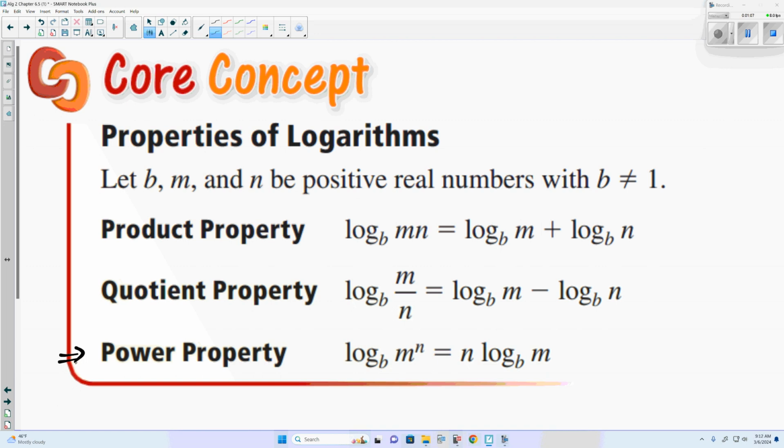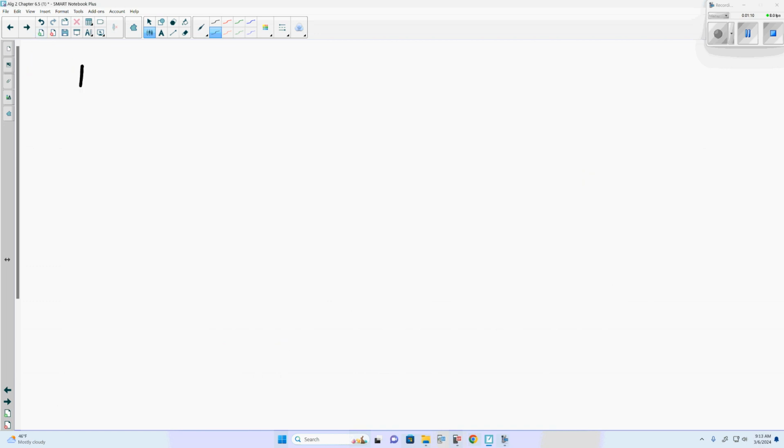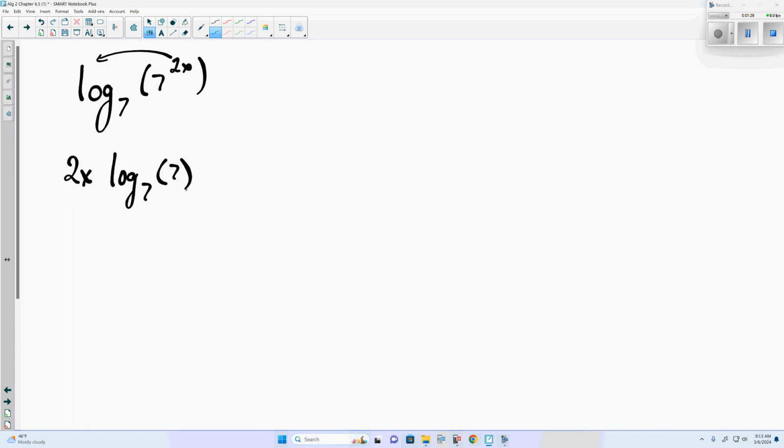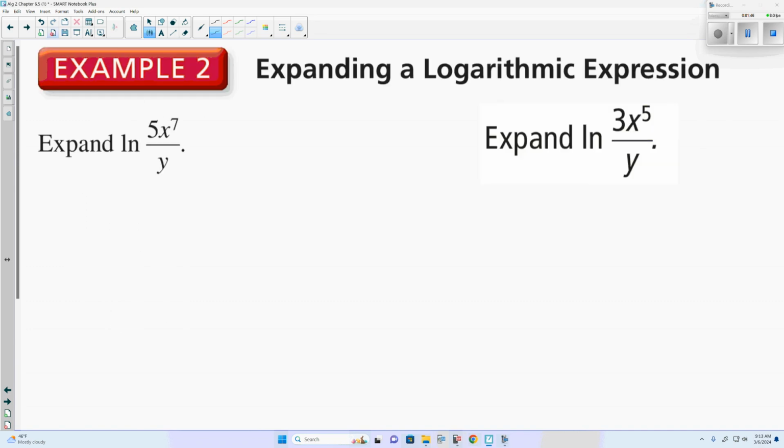For example, log base 7 of 7 to the 2x: we can move the 2x power to the front, giving 2x times log base 7 of 7. Wouldn't it be just 2x times 1? Yes, because whenever the base and the number inside are the same, it's just 1, and 2x times 1 gives us 2x. So that's our power property.